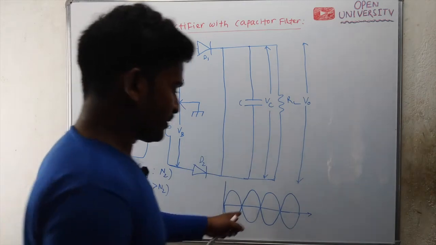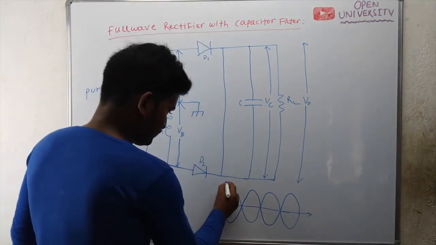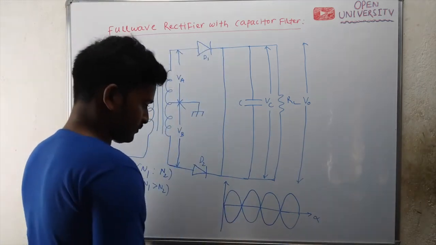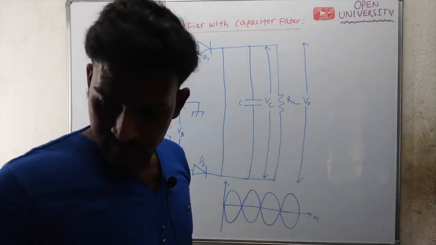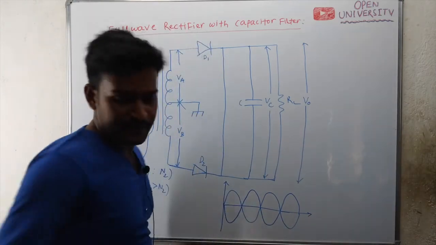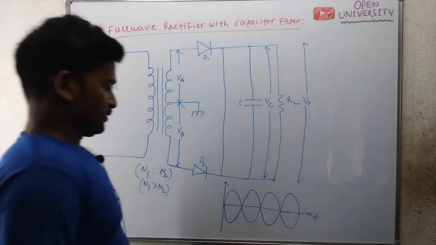This is the waveform for VB. Instead of alpha, let's take time t.